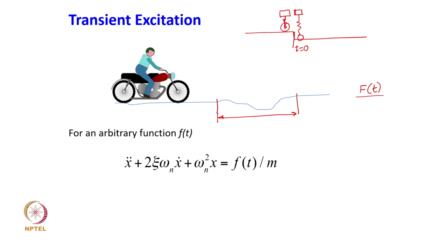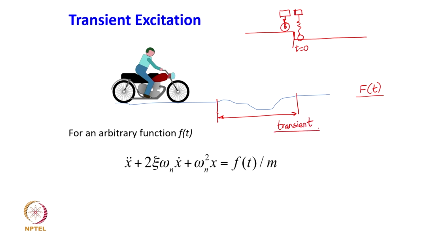But what we are now going to discuss is when the excitation is not acting like an initial excitation or initial disturbance, and neither is it a sustained excitation over a long period of time. When such excitation exists, we call that excitation a transient excitation, which excites the system for a short duration. Okay.